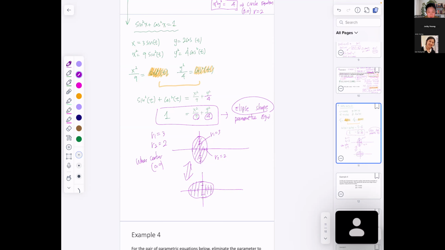X could be 3 and Y could be 2, but this time it doesn't matter which one is 3 or 2, because it's the same shape. If you take an advanced math course, there's deeper knowledge about how we define which one is which. But here, in calculus 2, it doesn't really matter, because we are not going to evaluate anything else.